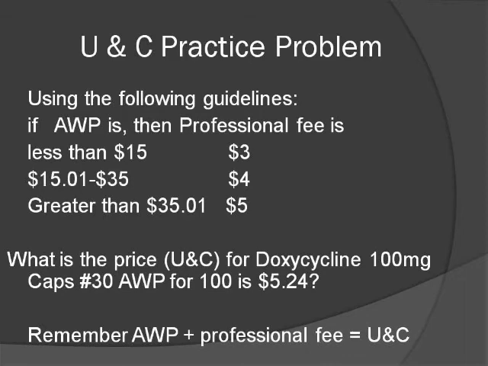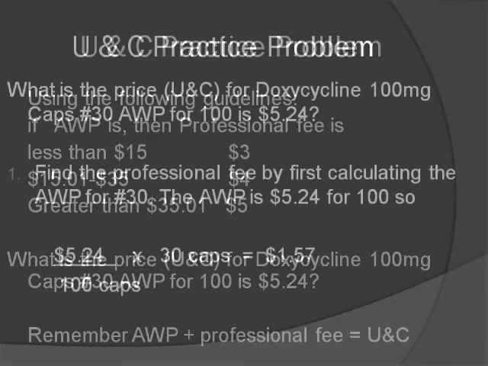We're asked, what is the usual and customary price for a doxycycline order, 100 milligrams, number 30, and the AWP for 100 is $5.24. Just remember, the general gist is the AWP plus the professional fee equals the usual and customary cost.